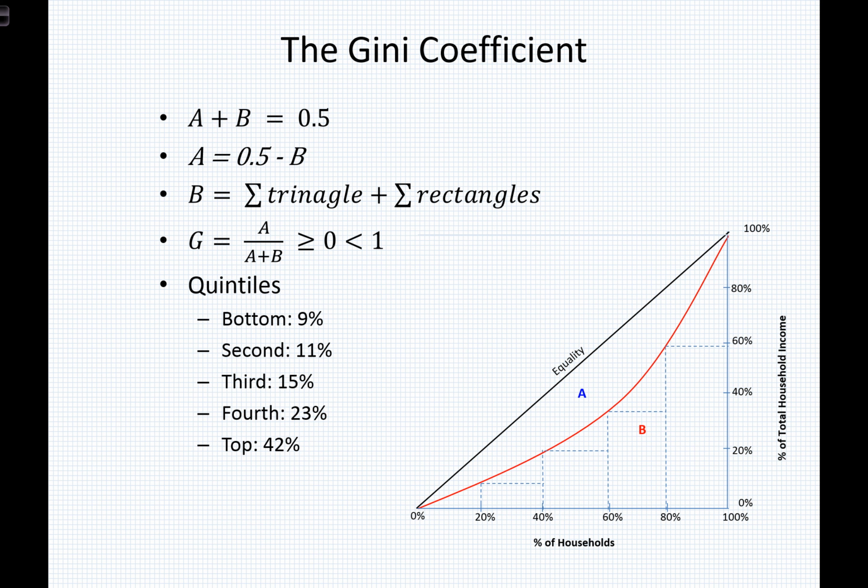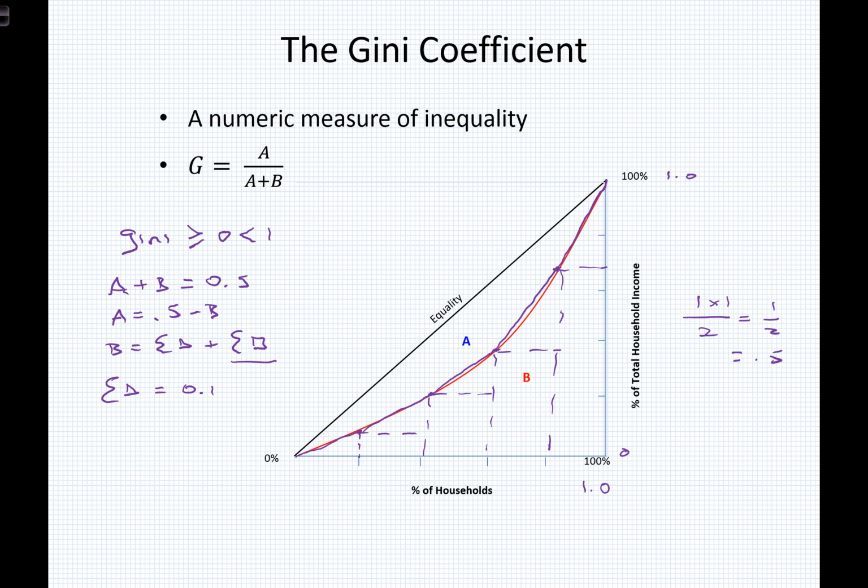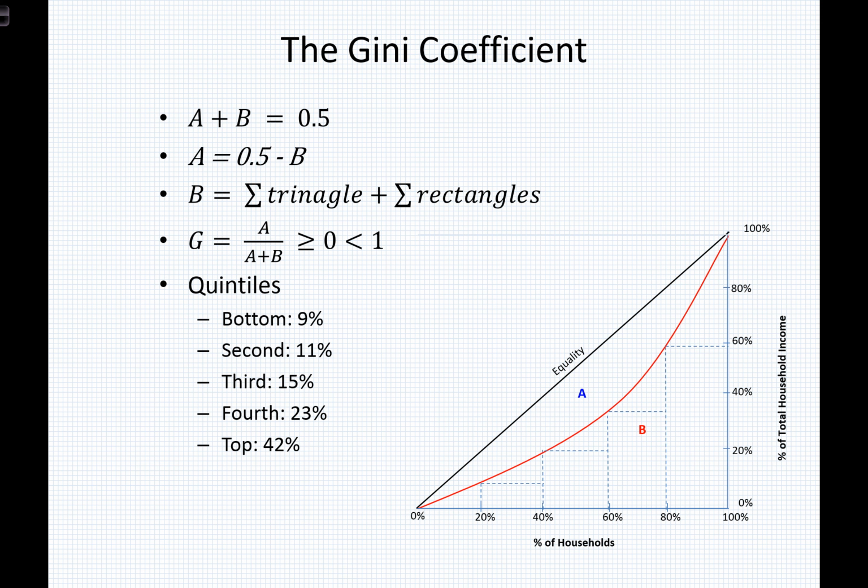Well, if we think about it, how do we begin to value these triangles? I suggested here that the sum of the triangles was simply 0.10. How did I do that? Well, what I did was I thought about these right angle triangles and how we create their values. Think about this with me for a moment.